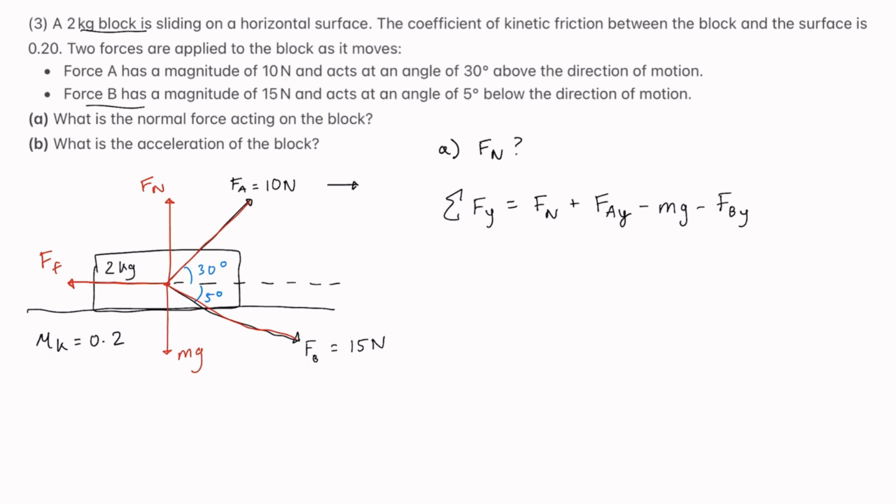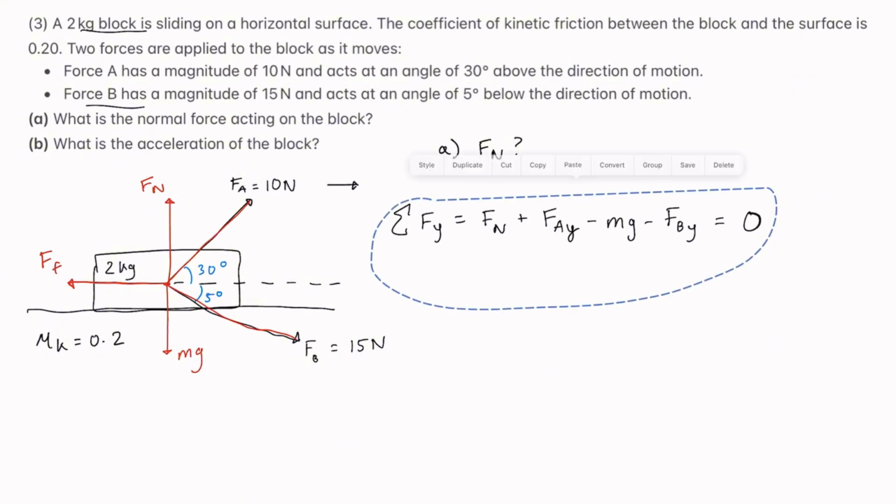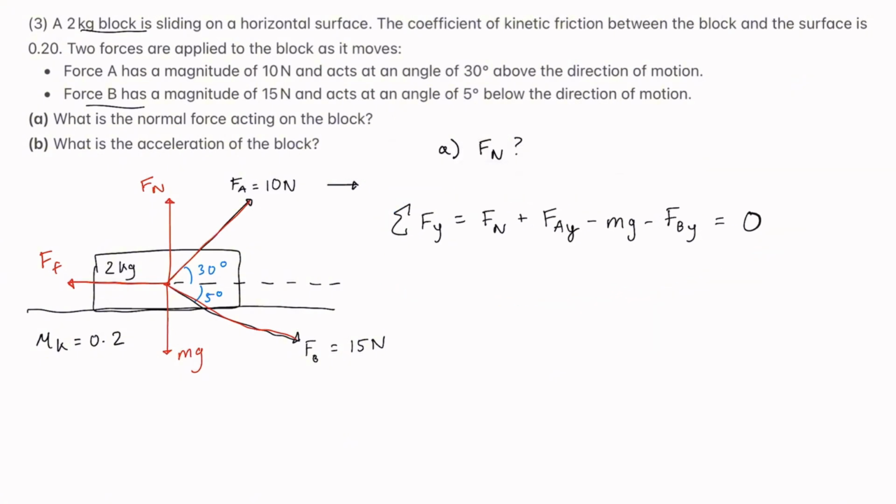And since the block is not moving up and down, we'll set this equal to 0. Let's subtract and add some of our forces over to isolate Fn. We'll subtract Fay, add mg, and add Fby.